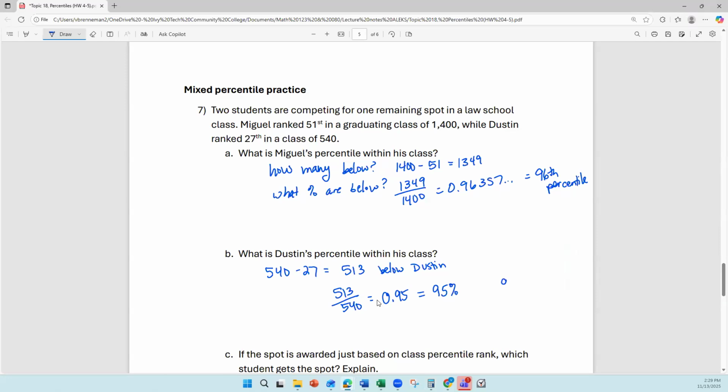So Dustin is in the 95th percentile, just a little below Miguel as far as where he actually ranks within his class. He's in a smaller class, so even though his rank is higher, he has fewer students above him. He also has fewer students below him, and proportionally, he has not as many students below him and more students above him compared to Miguel.